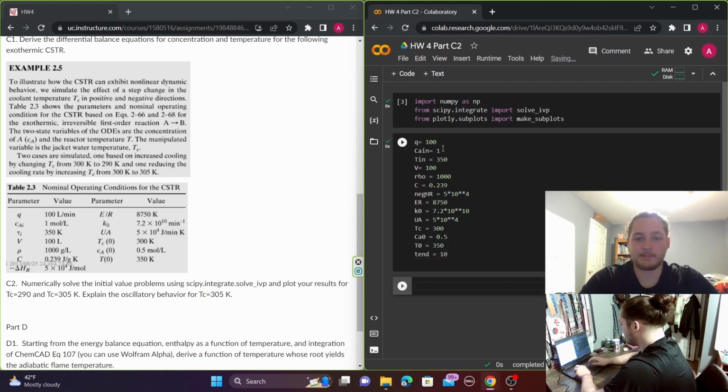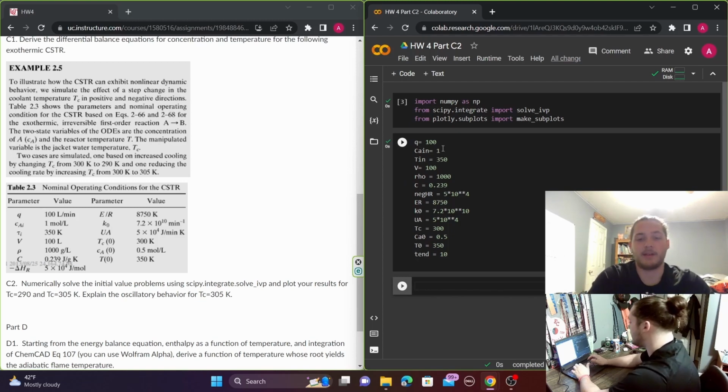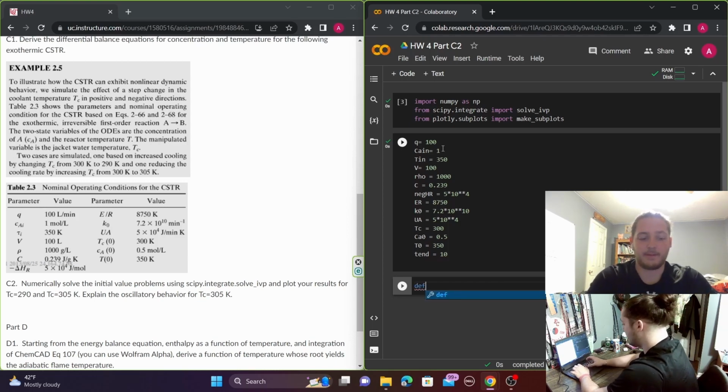Shift enter. Next, I'm going to define my differential equation with the differential of volume with respect to time. So we're going to define dV dt, and we are going to make the variables for this time and volume.